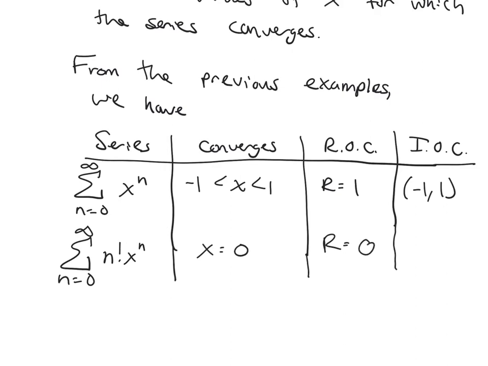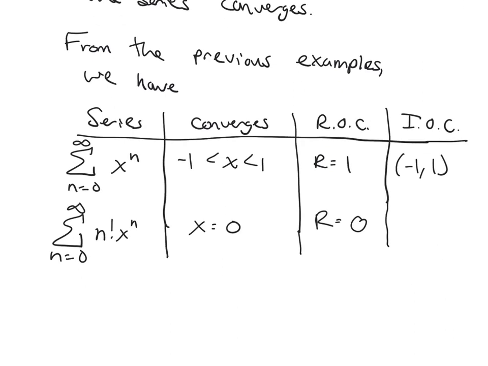And then here, because it's one value, your interval of convergence is not really an interval, it's just the single value 0. So I use curly braces, which I can clean up for you so it looks a little bit nicer. It's just that single value.